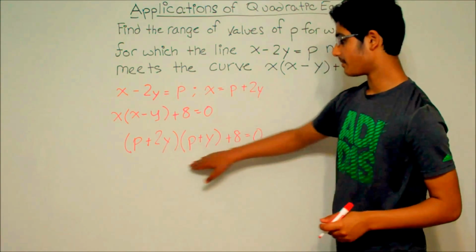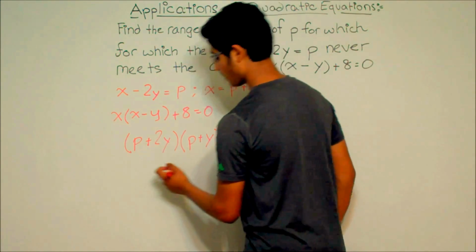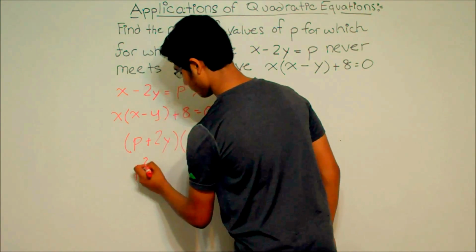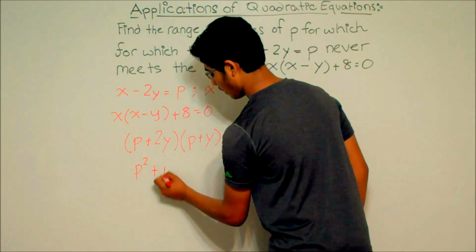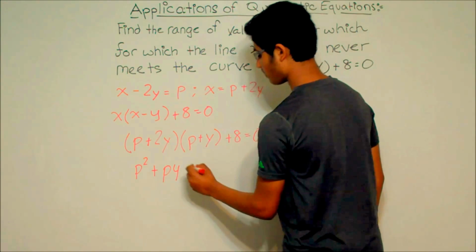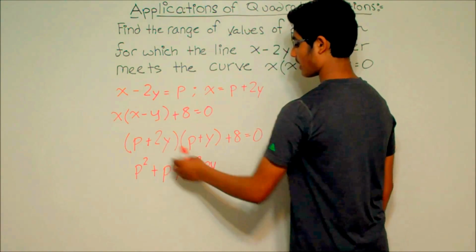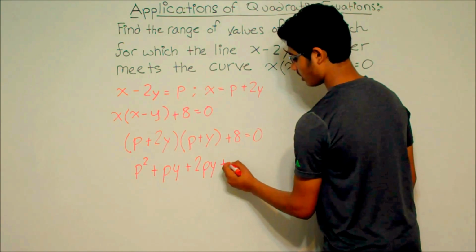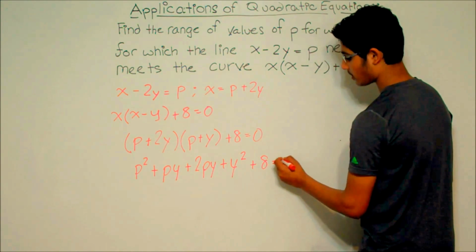So let's expand this. p times p is p squared. p times y is py. 2y times p is 2py. And 2y times y is 2y squared, plus 8 equals 0.